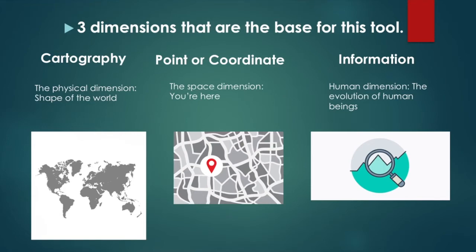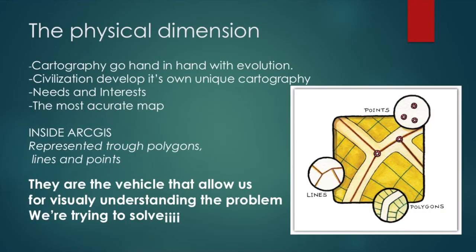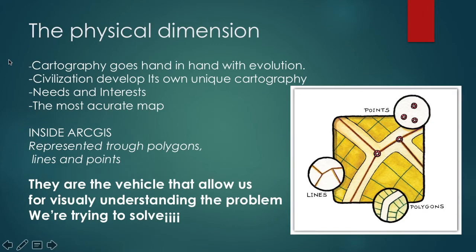It gives you a sense of where you are standing. The third and last one is information. It's the human dimension, and it represents quantities of our resources, of our Earth, of the area we're standing. So let's go on. The physical dimension.